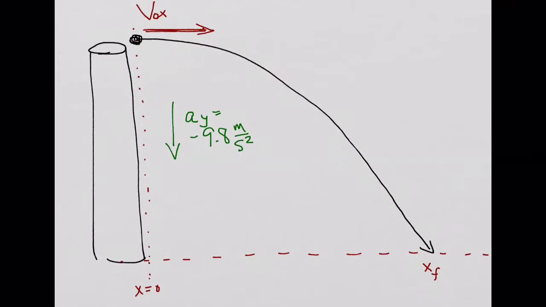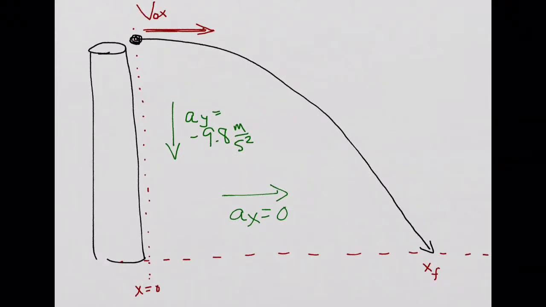First of all, what do we know? I know that in the downward direction I have gravity, so I have negative 9.8 meters per second squared of acceleration. Horizontally, though, there's no forces acting on the ball after it's been shot. Once it leaves that spring-loaded shooter, there are no forces acting on it, so my acceleration in the x direction equals 0.